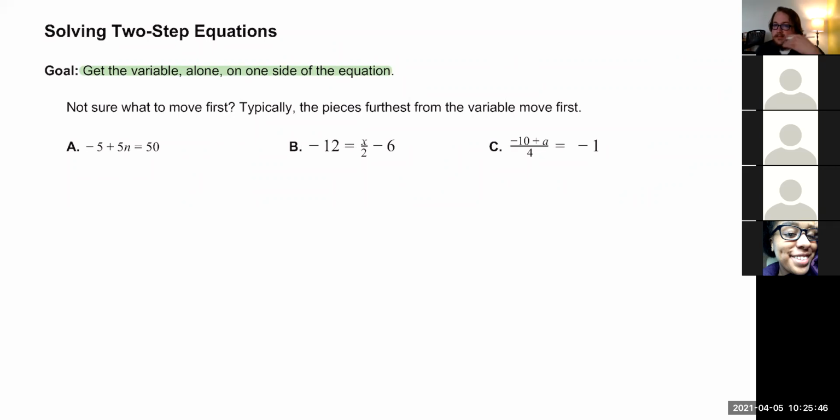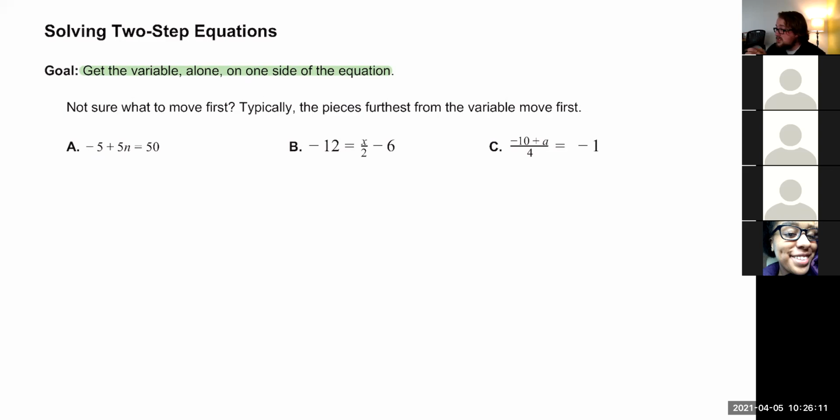Now, because there are two things to move, this poses a new issue as to what do I move first. So my recommendation, typically, the pieces that are furthest from the variable move first. And the way I like to see it is, I like to think of them as layers. I got to peel out the outer layers first until eventually I get all the way down as close to the variable as possible.